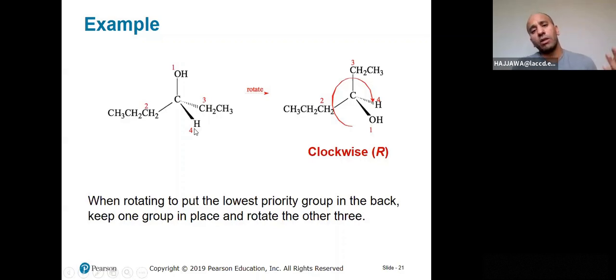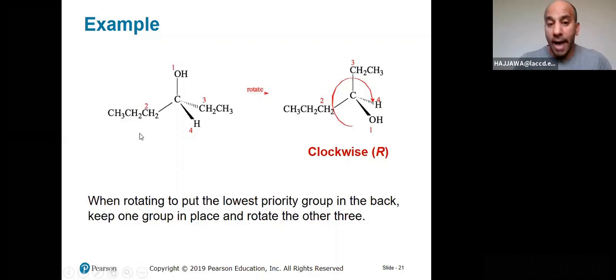Okay, let's do the rotation now. What do I have? I have 1, 2, 3. So what is that? That's a counterclockwise, but my fourth group is pointing towards me.